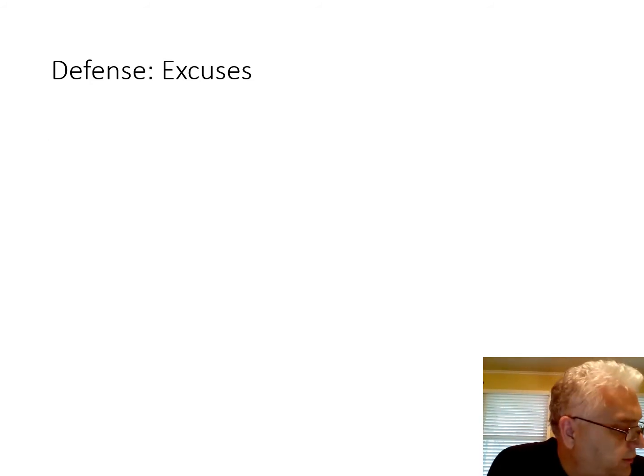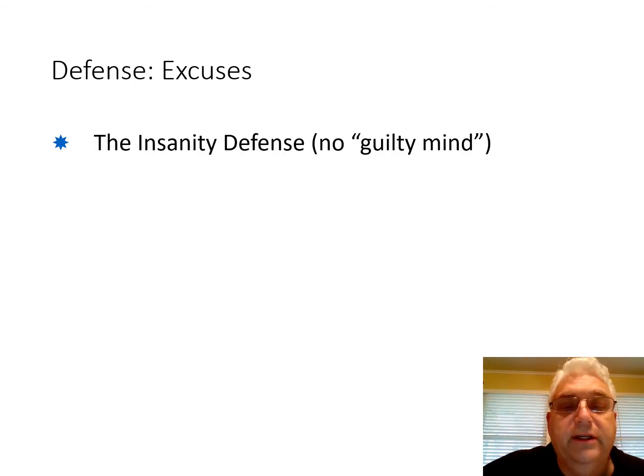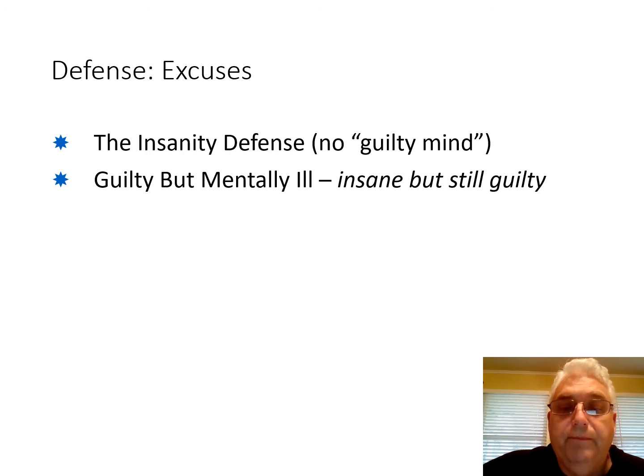What are some excuses the defense can use? Probably the most common one people think about is the insanity defense, which attacks mens rea. They didn't have a guilty mind because they were insane. They weren't capable of forming the intent to engage in the actions that they did and knowing the difference between right and wrong.